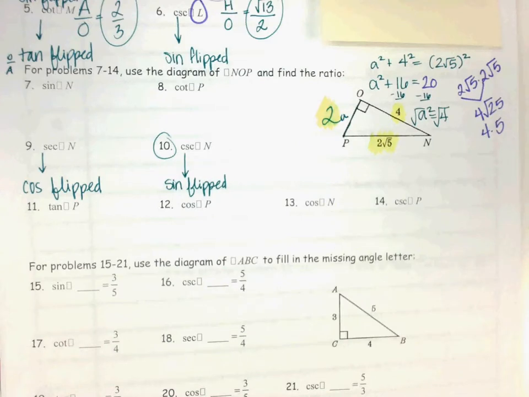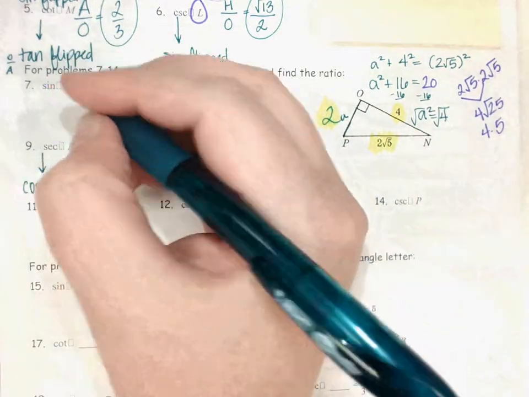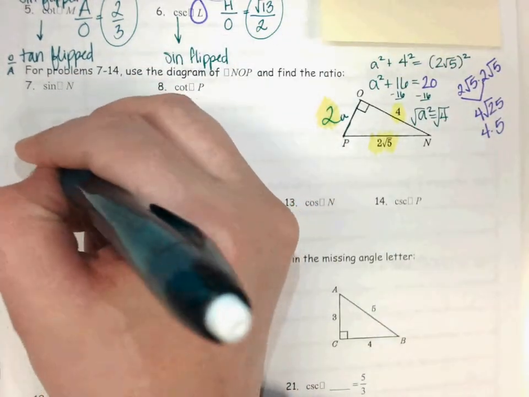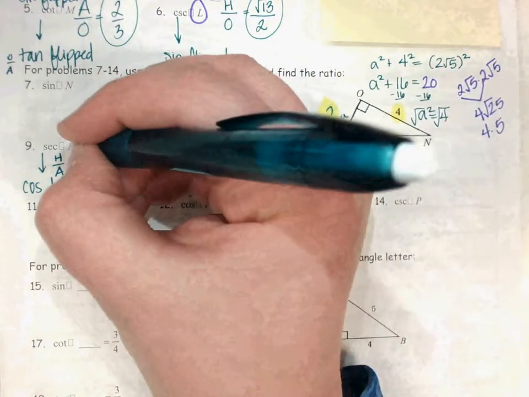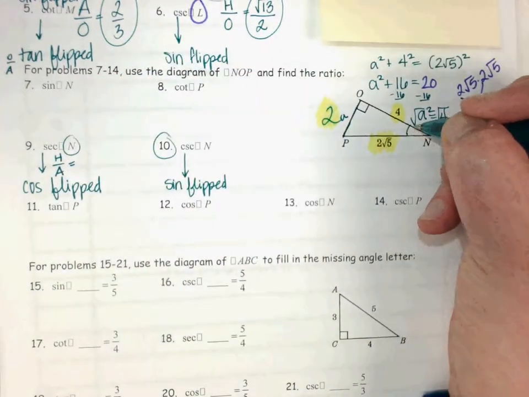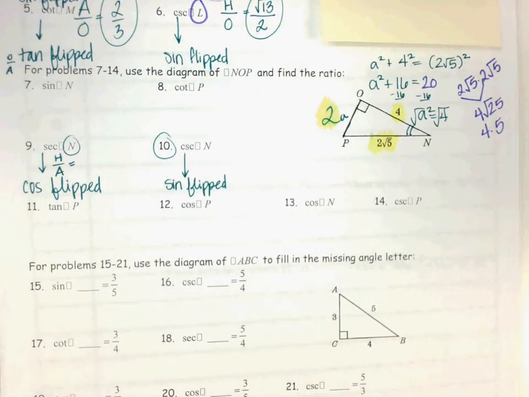Okay, so what is cosine usually? Adjacent over hypotenuse. Then what is cosine flipped when I do secant? Hypotenuse over adjacent. And what corner are we in for this one? What letter? N. So N is here. So let's label our 3 sides. The first side I'm looking for is my hypotenuse.